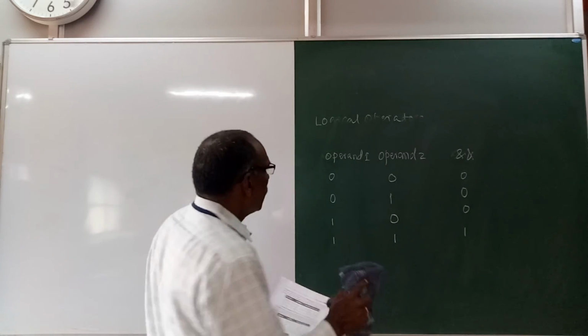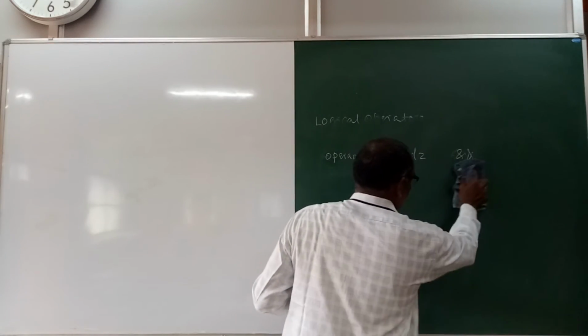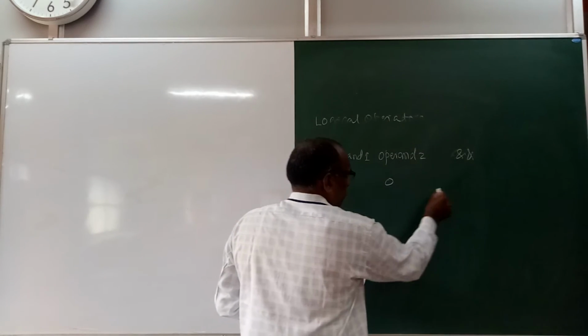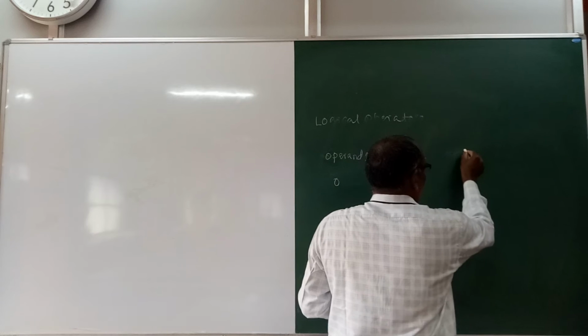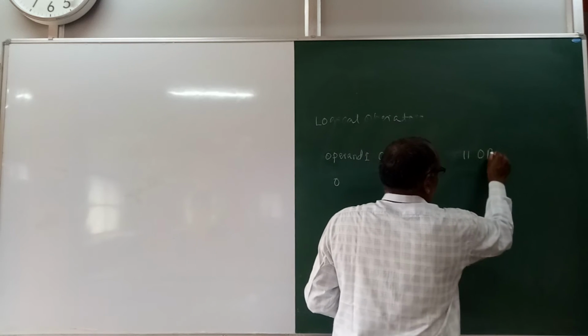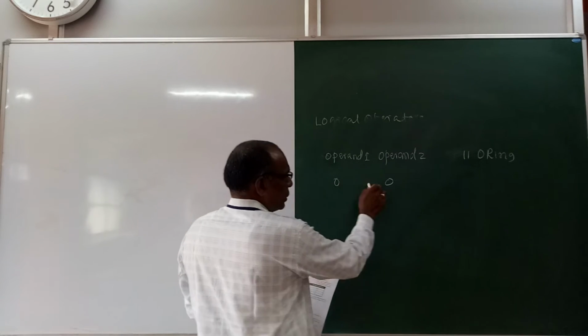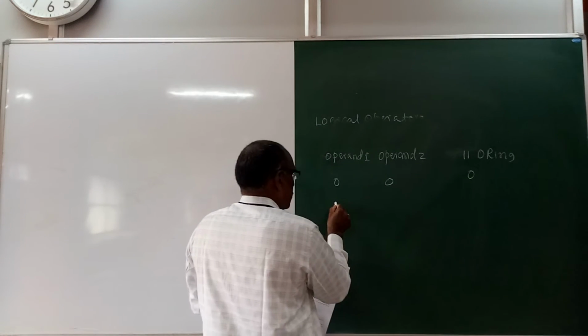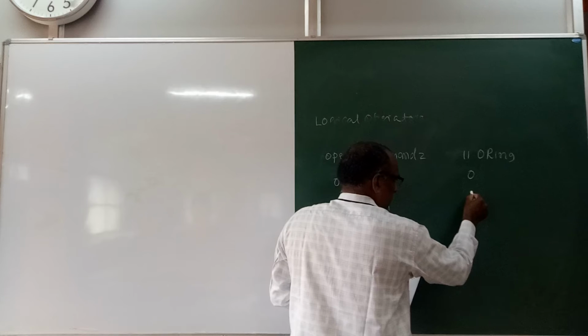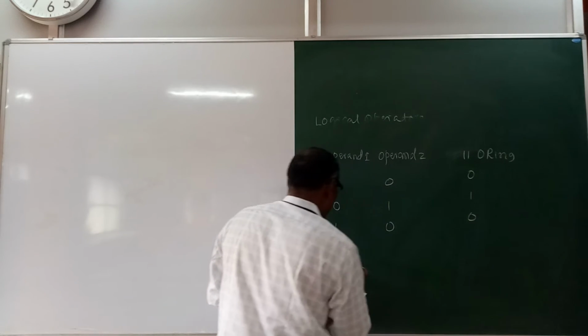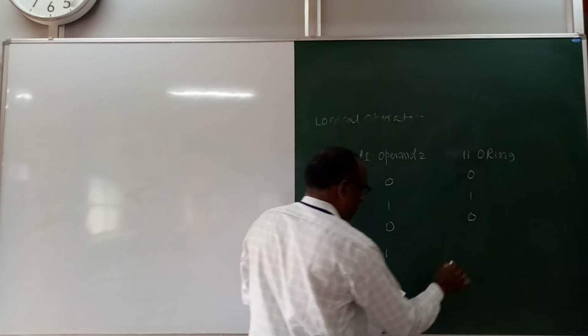Similarly, we have the OR operation. OR is the double pipeline. I'll write the ORing output here. You can write 0, 0 gives 0. 0, 1 gives 1. 1, 0 gives 1. 1, 1 gives 1.